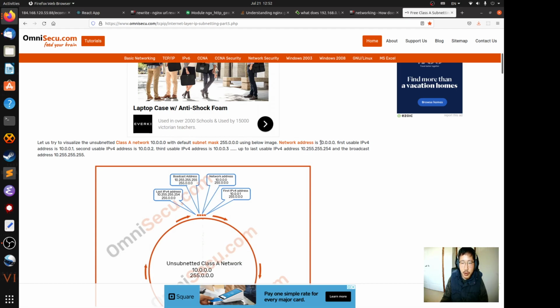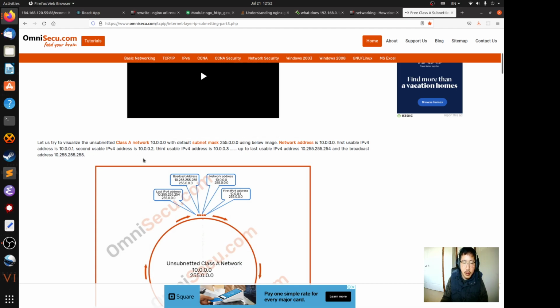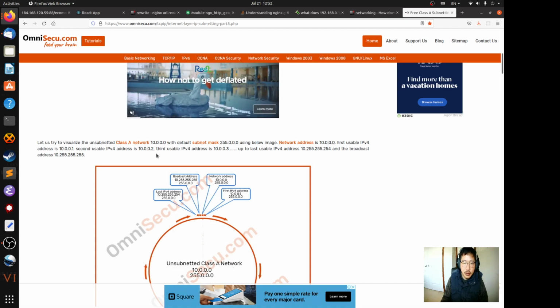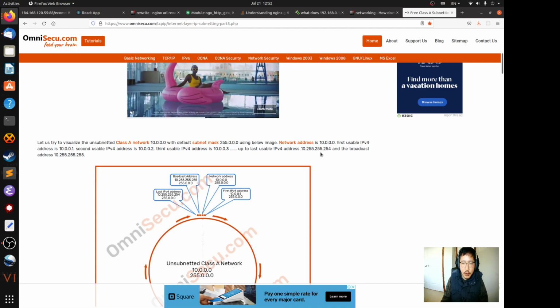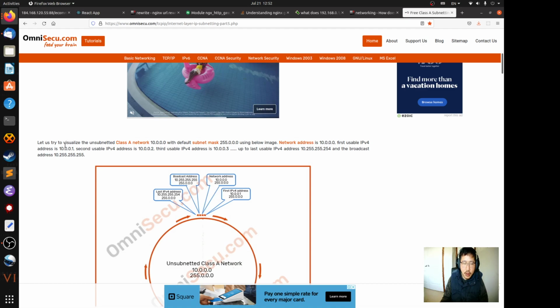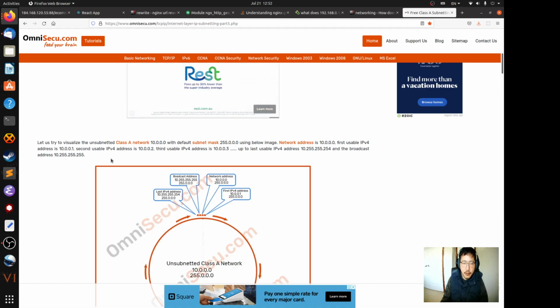It says the network address is this. The first usable address is 10.0.0.1, second is 10.0.0.2 and so on up to 10.255.255.254, and the broadcast address is the last one, 10.255.255.255.